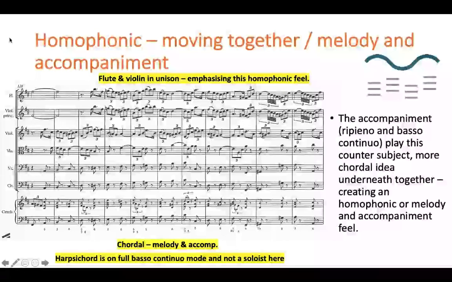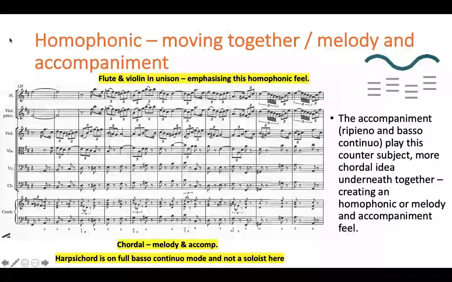Okay, so most Baroque music, a feature of Baroque is polyphonic texture, but Bach does like to have this section in this piece, which is quite homophonic, or I would probably say more melody and accompaniment. Now, melody, accompaniment, and homophonic are very similar.